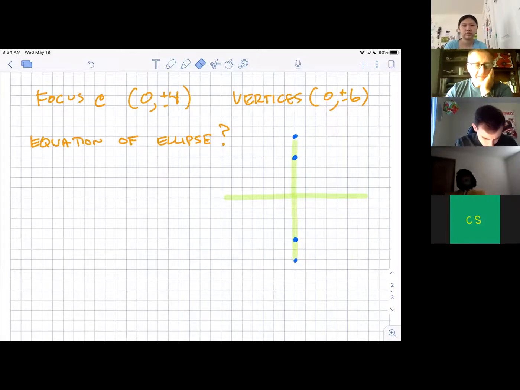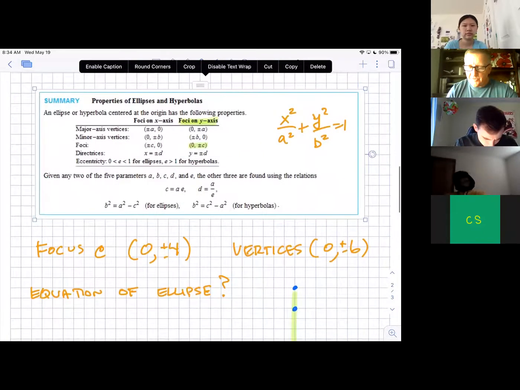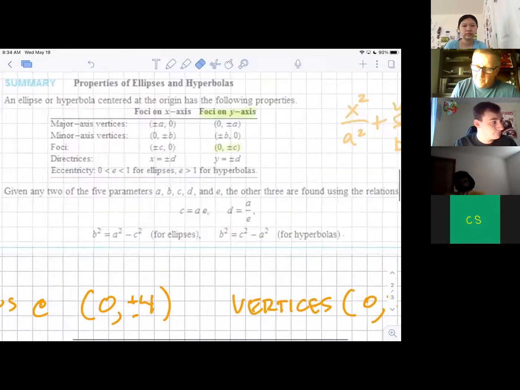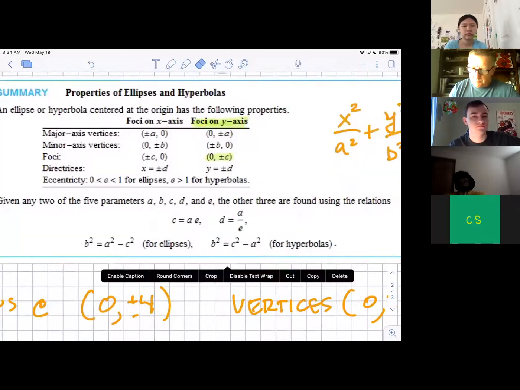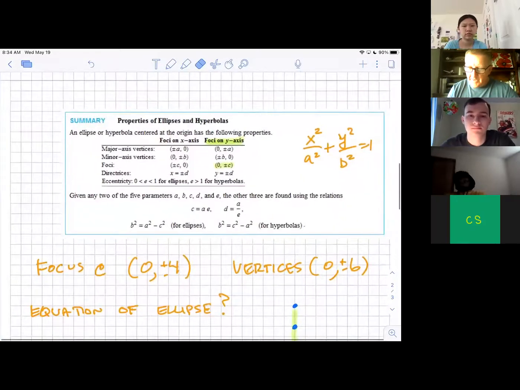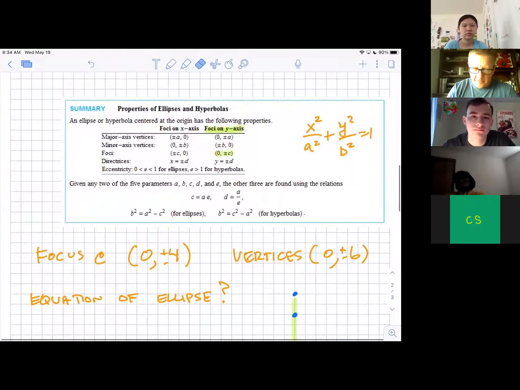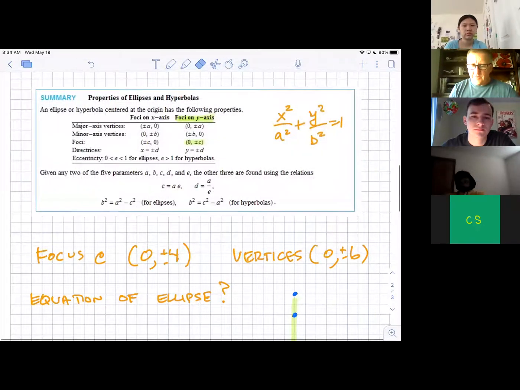Now, the thing that's confusing to me about this note is that it disagrees with what I wrote here. My gut reaction is to always put the a under the x every single time, but notice they're saying no, that's not the case.